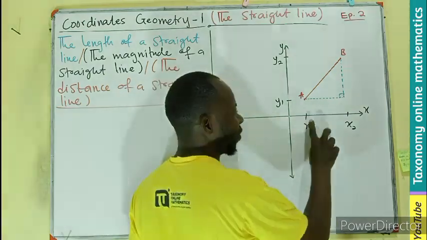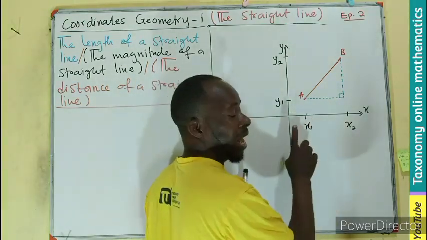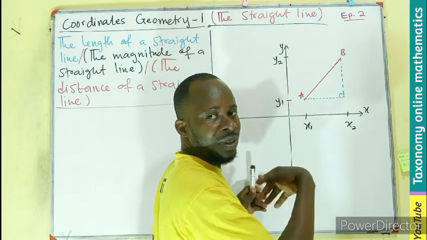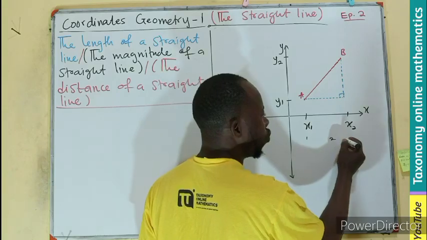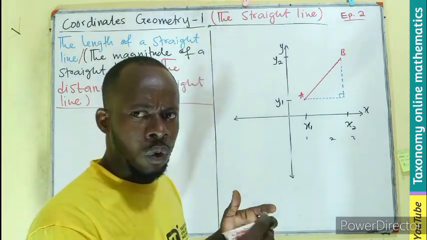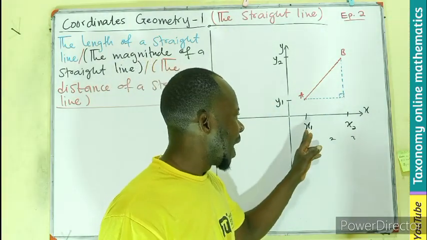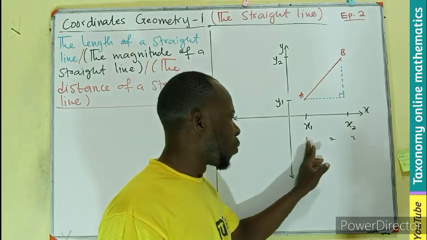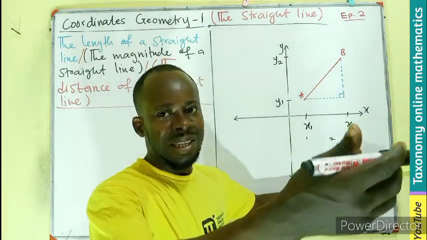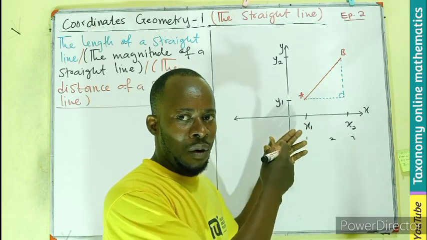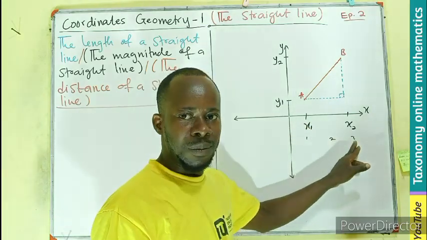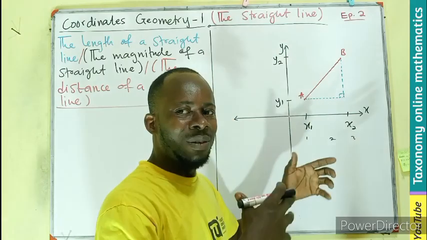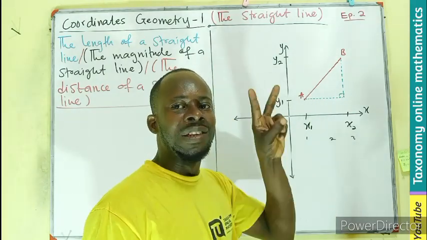So if I want to find the distance, what is the distance between x1 and x2? Let's just imagine that I am using 1, 2, 3. What is the distance between x1 and x2? Moving from 1 to 2, what is the distance? I guess if they are of the same dimension, we can say that this is 1 unit, 2 units. So the distance between x1 and x2 is just 2.